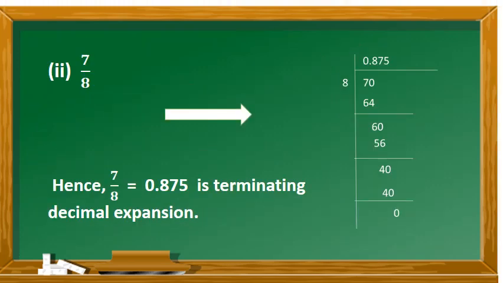Now we shall do the second sum, 7 divided by 8. 7, the dividend, is lesser than the divisor. So how do we divide? We have to place a decimal dot, that is 0 point in the quotient, in order to add zeros to the dividend to start to divide. Now add 0 to 7 such that it becomes 70. 8 divides 70 8 times, that is 8 8s are 64, and when you subtract 70 minus 64, you get the remainder 6.